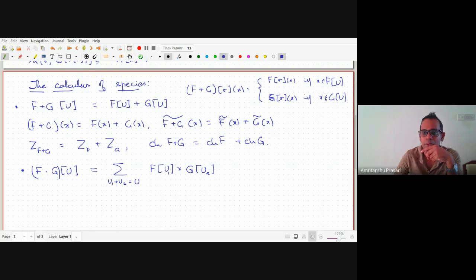Right, so what is sigma? Sigma is a bijection, say, from some U to V. Then F sigma is from F[U] to F[V], and G sigma is from G[U] to G[V]. So this will go from F plus G[U] to F plus G[V].